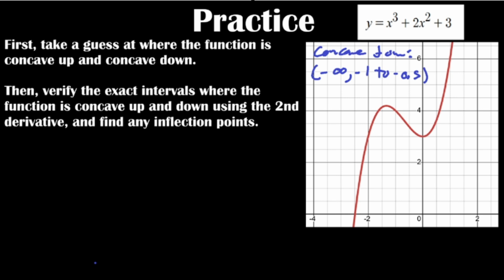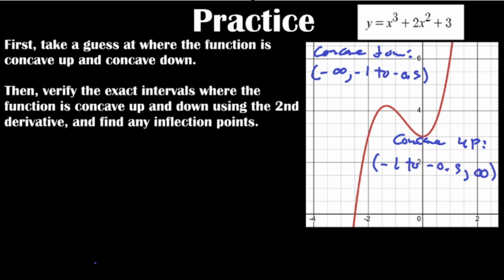And then it has this upward bowl shape, like a smile, for x values over here that are greater than that. So I would say it's concave up for x values from about -1 to negative 0.5 onward. I'm just giving a range because I don't know exactly where, just based on the picture, it's concave up or down. And I would say it just keeps on being concave up.